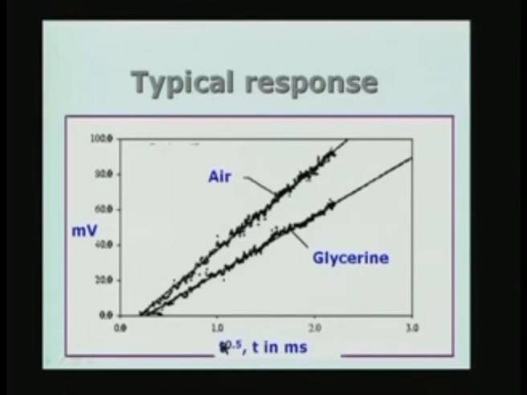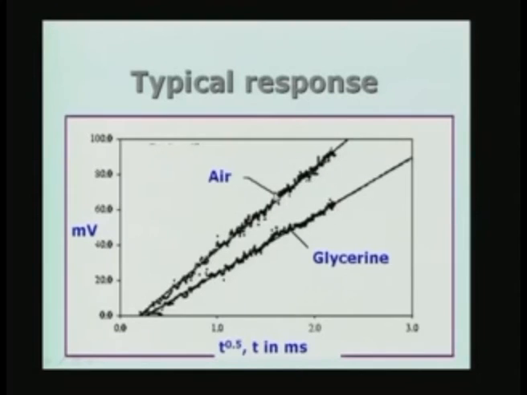Therefore, if you plot the temperature of the surface as a function of square root of time, you are going to get a linear relationship, and you can see that the linear relationship is more or less obtained, excepting probably at very small times where there may be some problem. There is also some noise in this particular measurement, but the response is very closely a square root of time response.